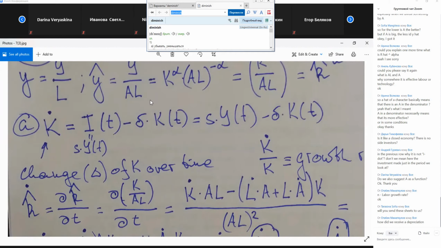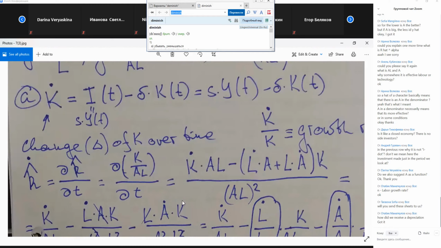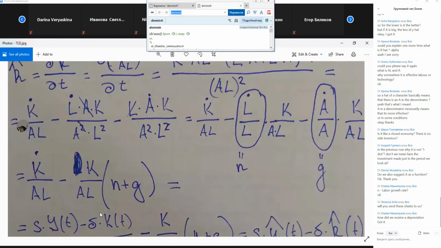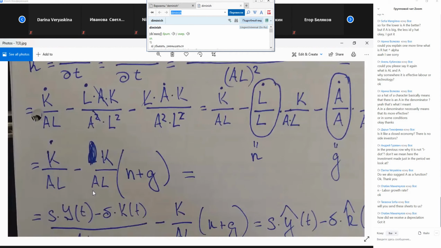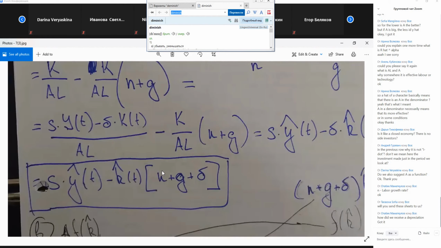We get it from the big K dot. And then we know that K has to evolve, so basically it's the natural evolution of capital alone, what happens to capital, not to labor and technology, as this n plus g. So we see that the more capital we have, the more gets depreciated.